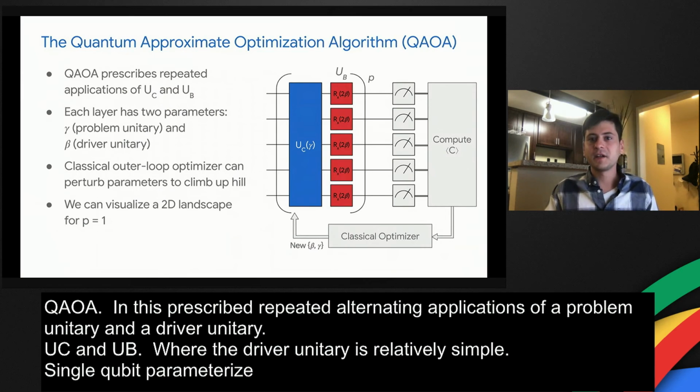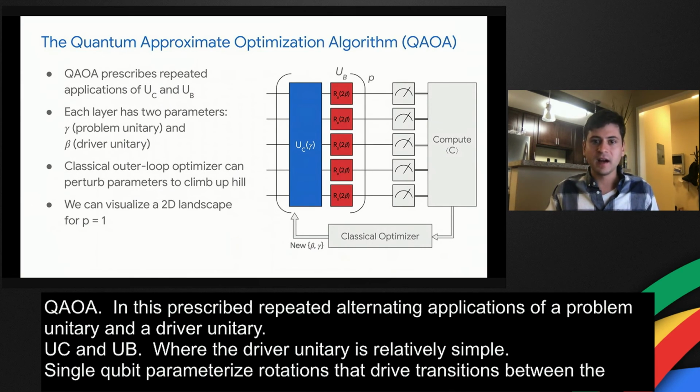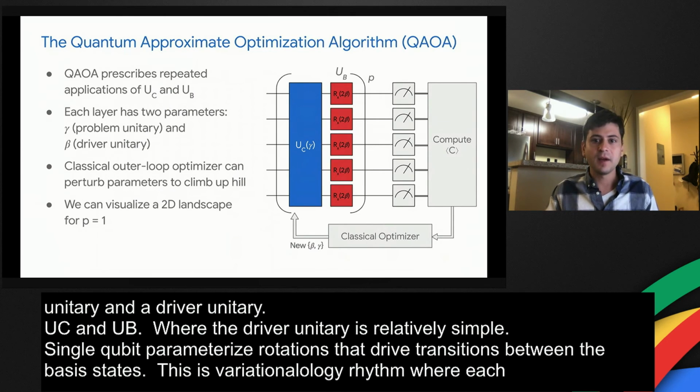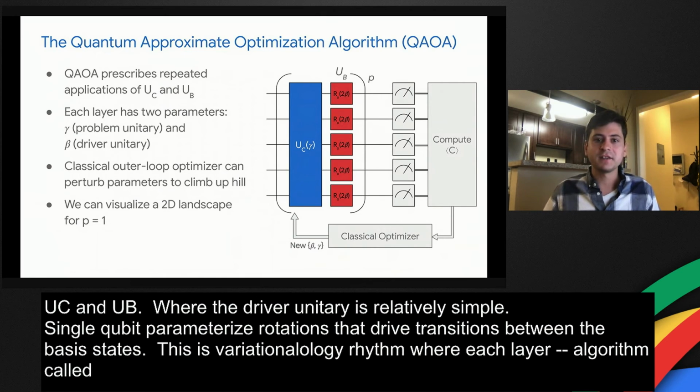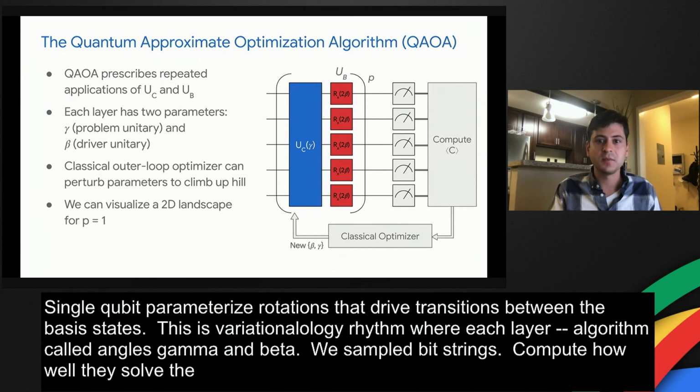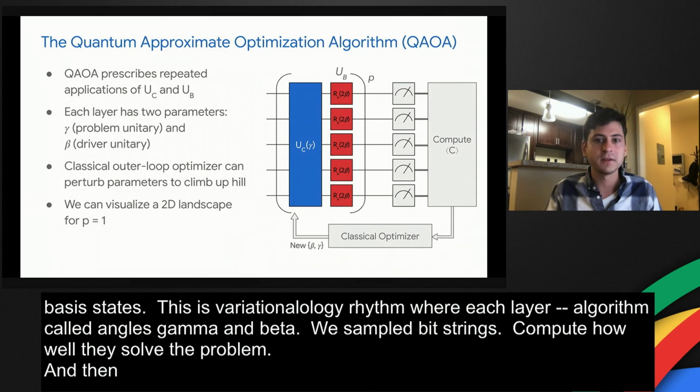This is a variational algorithm where each layer has 2 parameters, also called angles, gamma and beta. We sample from the quantum device for a particular parameter setting. We sample bit strings, compute how well they solve the problem, and then use a classical optimizer to suggest new parameters, which improves the quality of solutions.